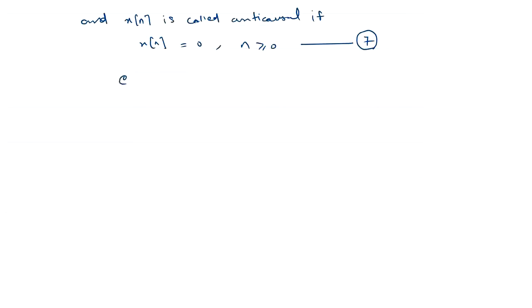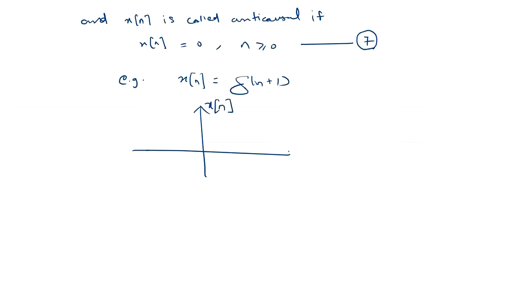As an example, if you have x[n] equals delta[n+1], a unit sample signal located at n equals minus 1, then for n greater than or equal to 0, x[n] is equal to 0. So this is called an anti-causal signal.